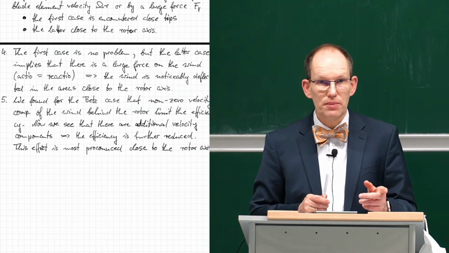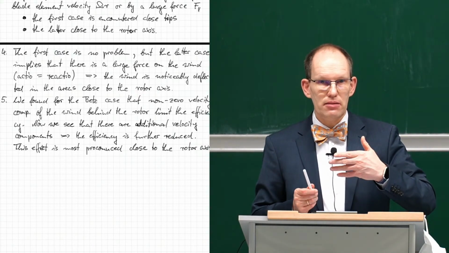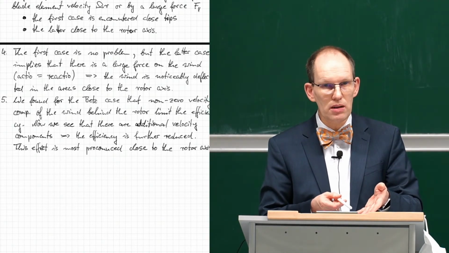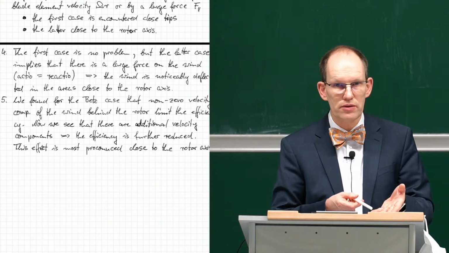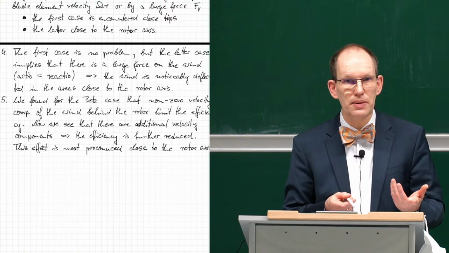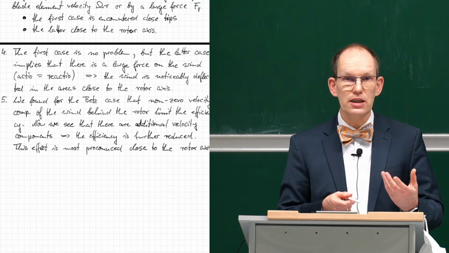Actually, we'll find two things here, namely that this effect has an impact, of course, on the power. So it will lead to a reduction of the power. This is what we just said. But it will also have consequences on the design of the blade, so on its geometry.